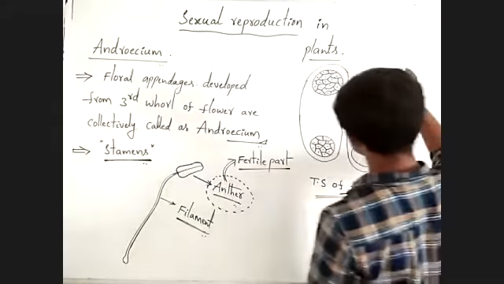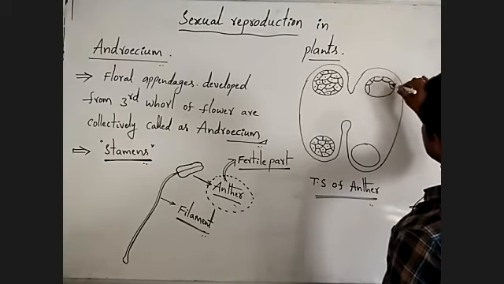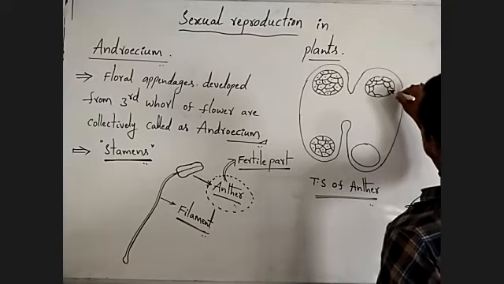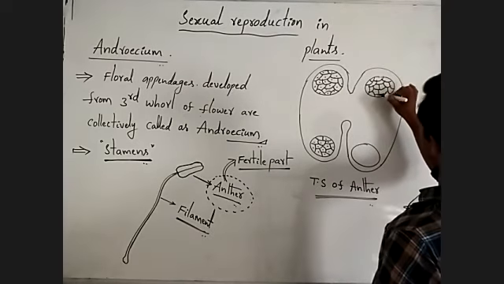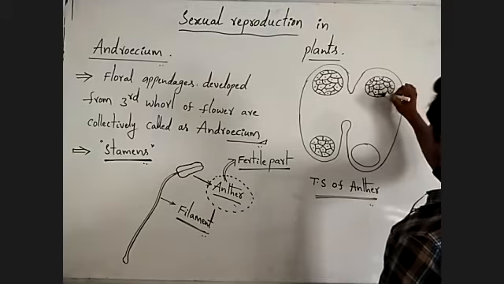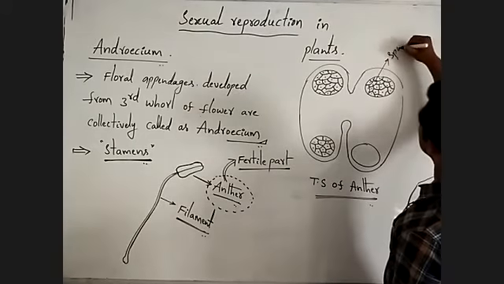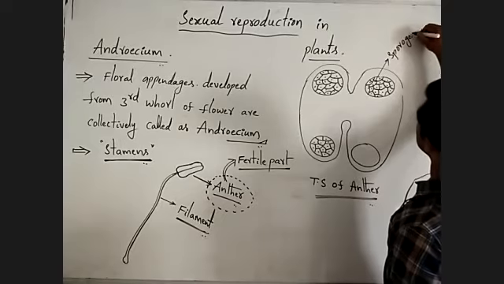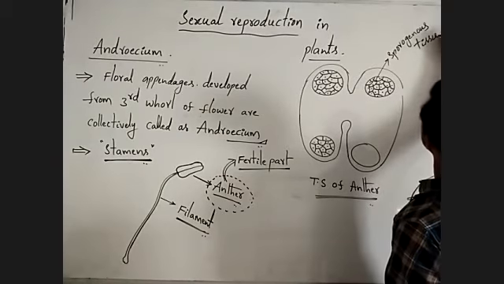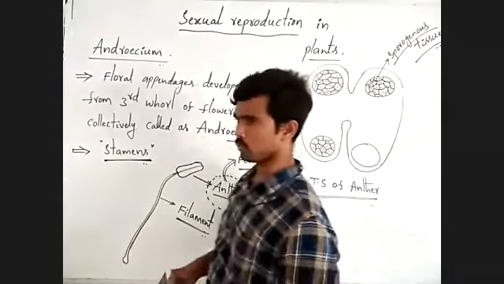This specialized tissue is called microspore mother tissue or sporogenous tissue.